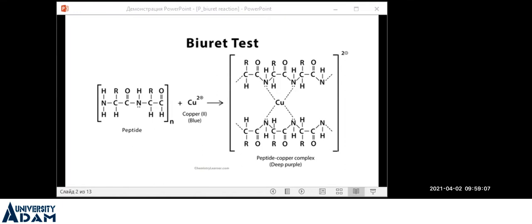As you see, this complex will change color to purple.